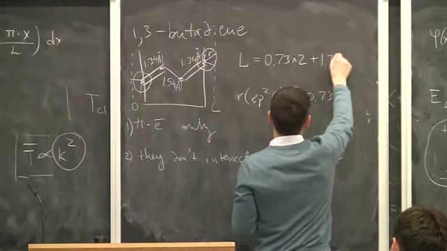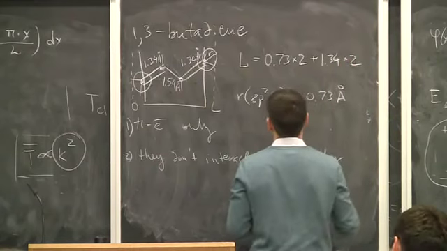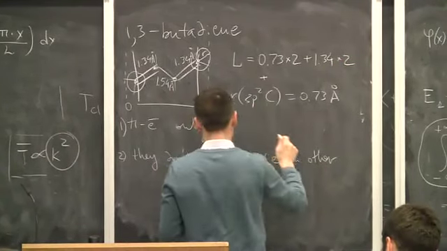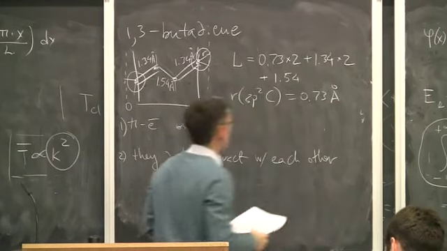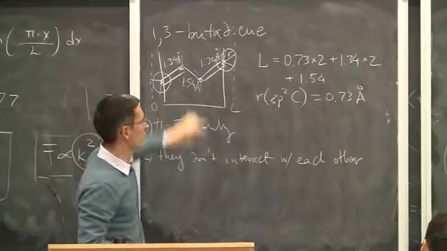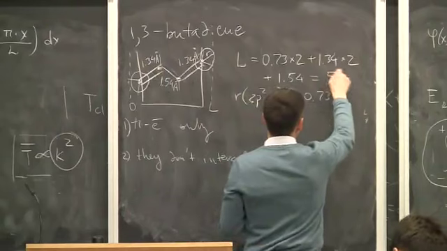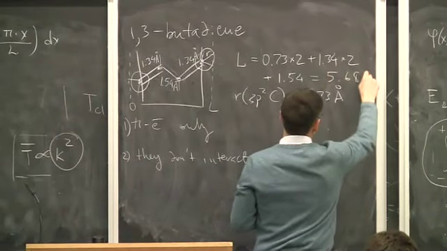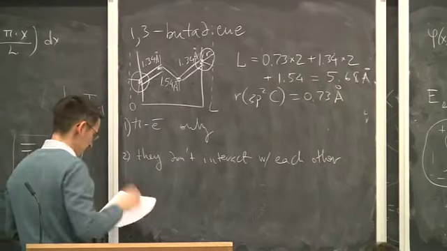This is just a prescription that gives reasonable results. Right, so I sum 2 double bonds, 2 radii, and 1 single bond, and together this all would be 5.68 angstroms.